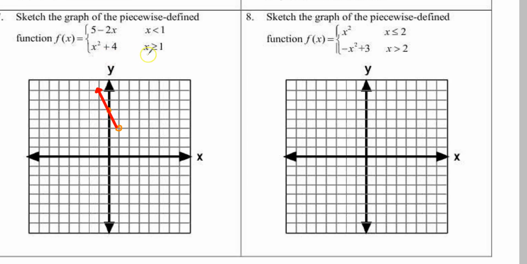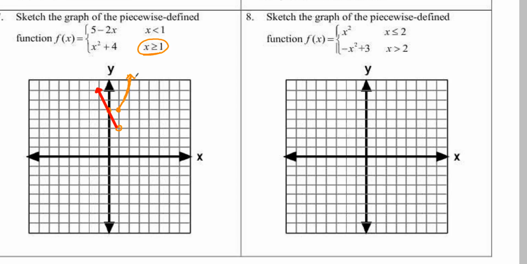But the function doesn't exist there. It doesn't start existing until x is 1. So we're going to have a solid dot at 1, 5. Think about plugging it in. Plug in a 1. 1 squared is 1 plus 4 is 5. The next point that will exist is at 2, 8, which is right at the tip of my graph. And it's a quadratic, so it's going to look like that.